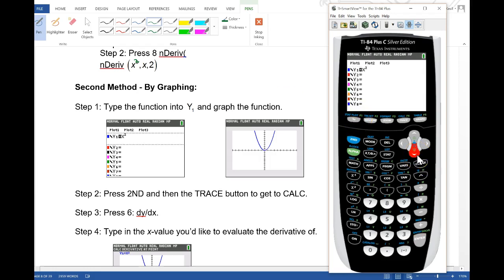Let's say you wanted to graph the derivative of this function. You would just type into y2 and go here. Now, I want the derivative of, you can type in x squared here, or maybe I don't want to have to type the function in, so you type in y1.